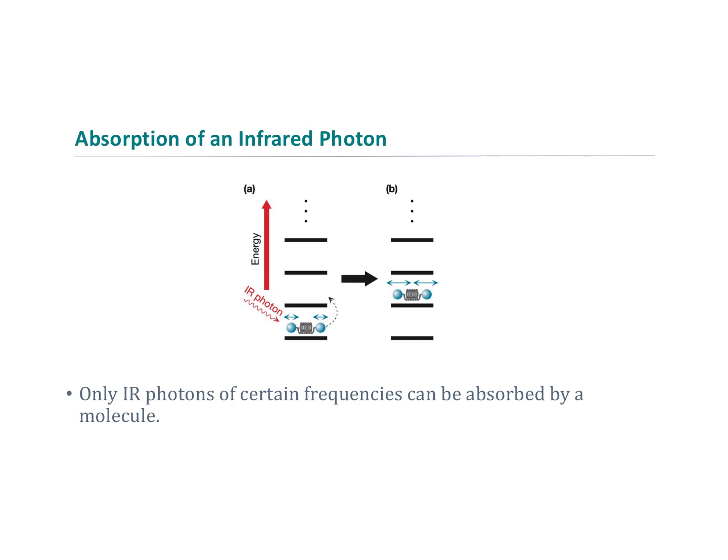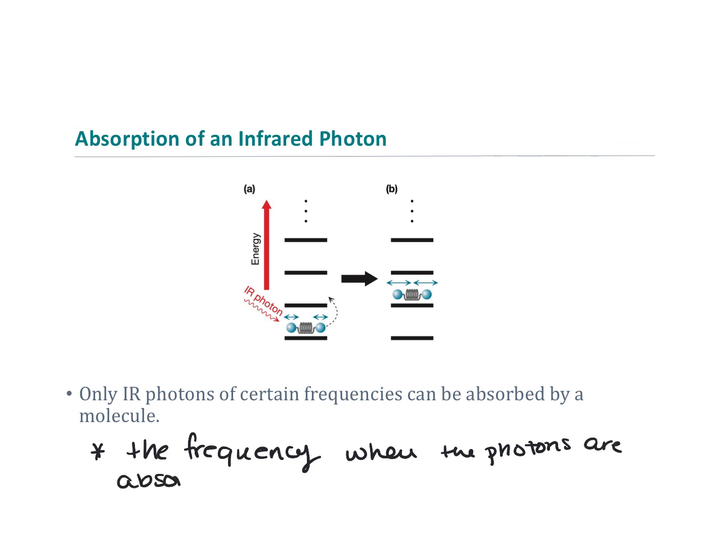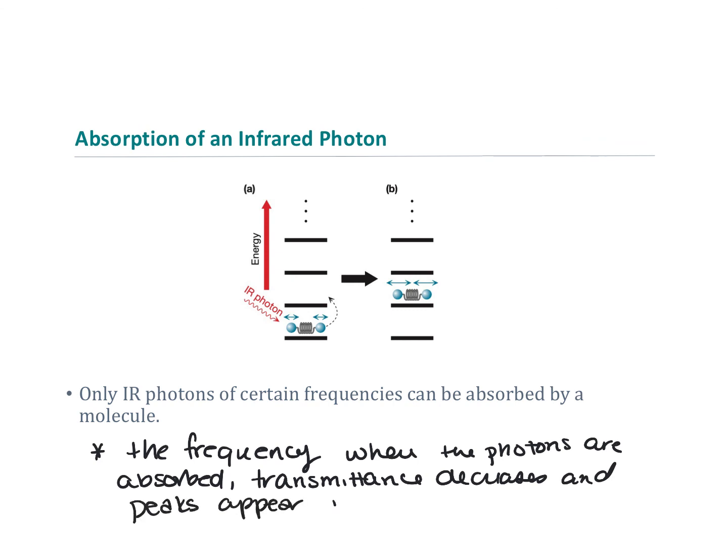And so what we see here is the frequency where the photons are absorbed, the transmittance decreases, and peaks appear in the spectrum.